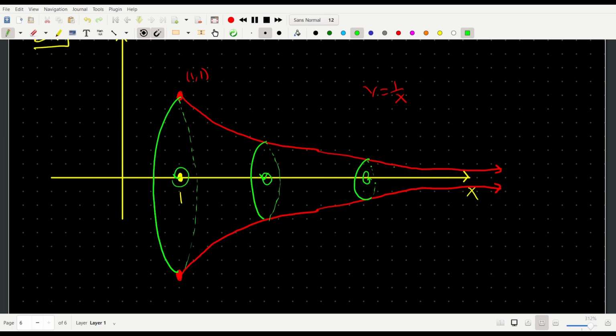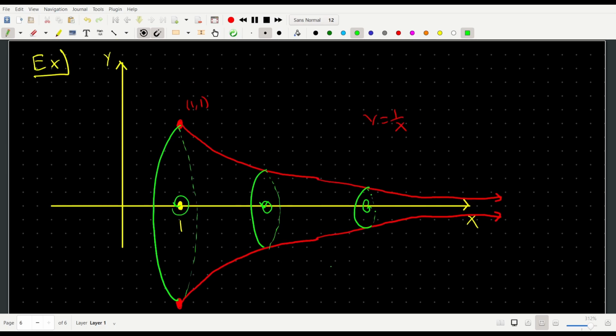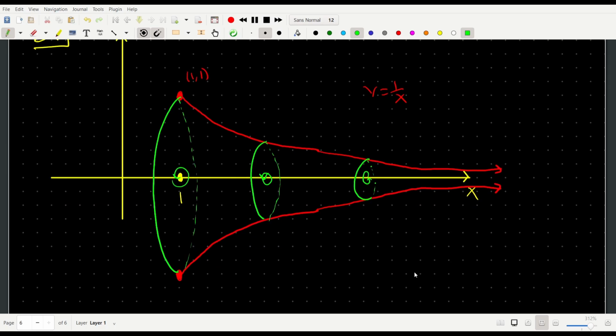This is my best drawing of it with pen and paper, but I guess a visualization will probably be very, very much more helpful here. So I'm going to switch over to my GeoGebra 3D window. I've been using Desmos up until now, but I'll use GeoGebra 3D to visualize this.